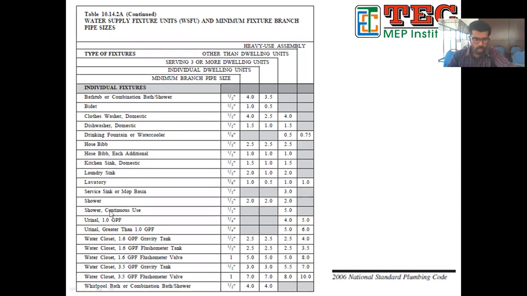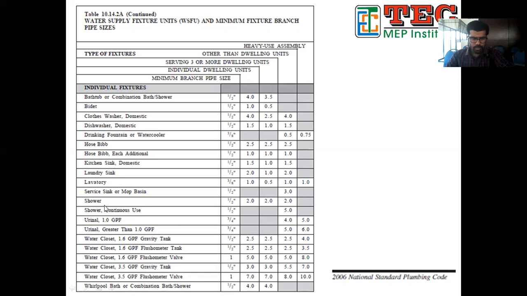Mainly we have the water closet and all, right? So different types of water closets are given here: water closet with a 1.5 GPF gravity tank, flushometer valve, 3.5 GPF gravity tank. Here we can take a water closet with a 1.6 gravity tank, so the water closet fixture unit is 2.5.